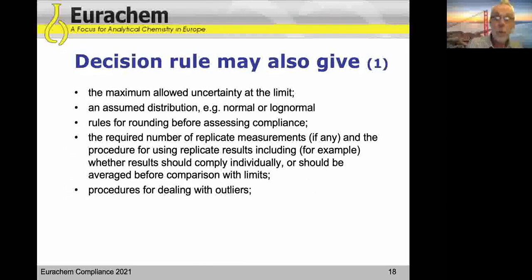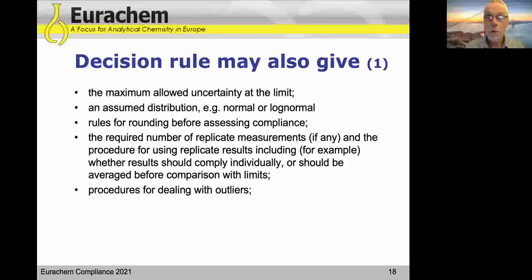I think if you are far away from a limit, there is no problem. There is not an issue. But we need to have better guidance if we are close to the limit. And the decision rule can actually give more detailed information to help you here.